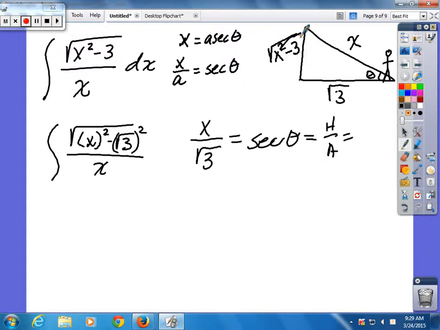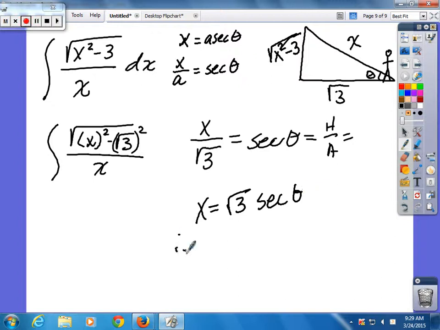All right, so your secant of theta is equal to this, so we need x equal to the square root of 3 secant of theta, and then you need to find dx. dx is going to be the square root of 3 secant tangent if you take the derivative of the secant. So x is equal to the square root of 3 secant theta.